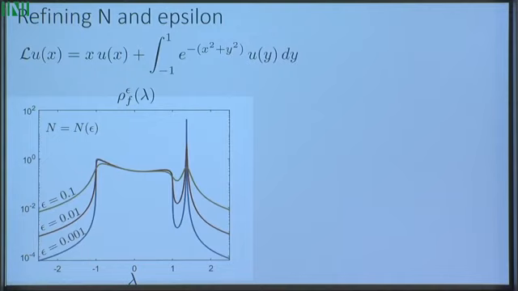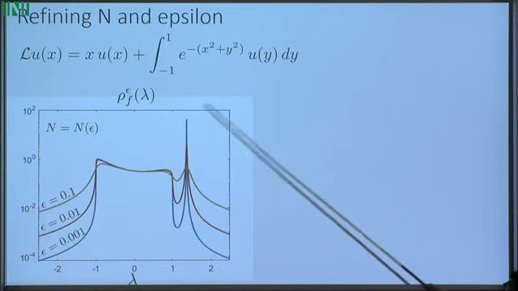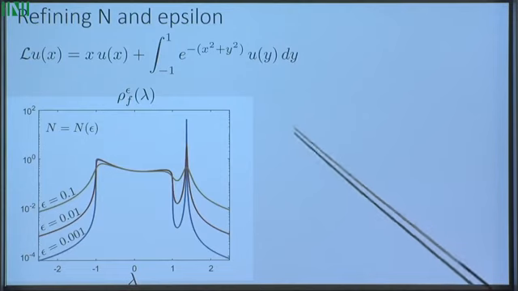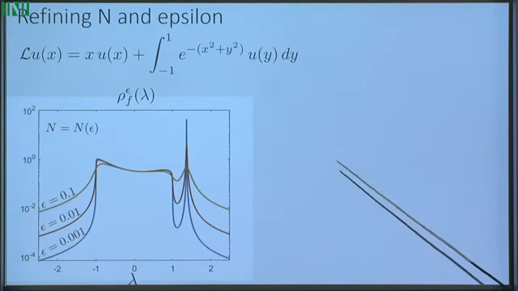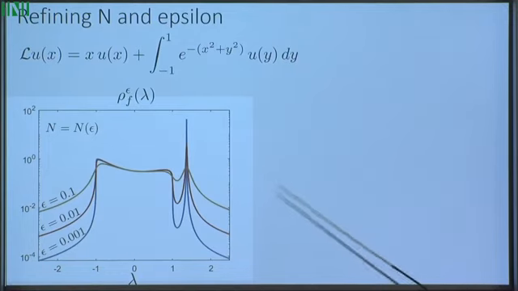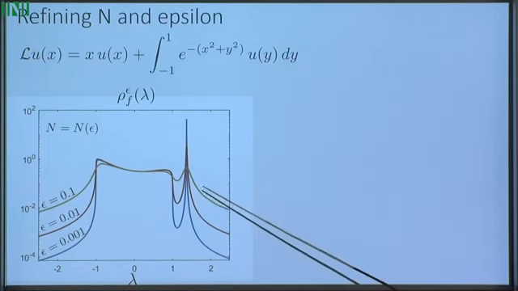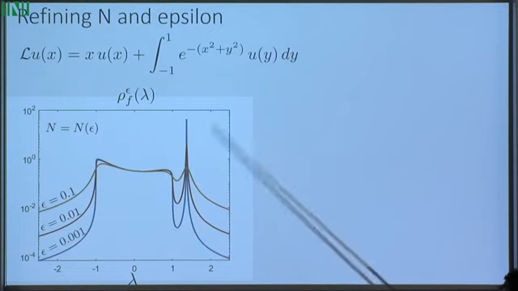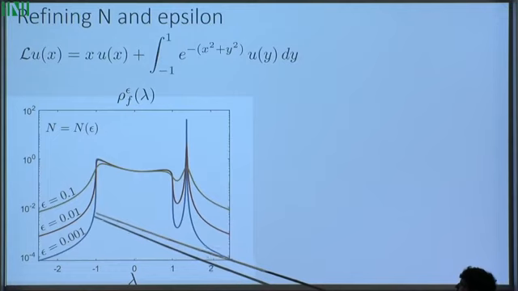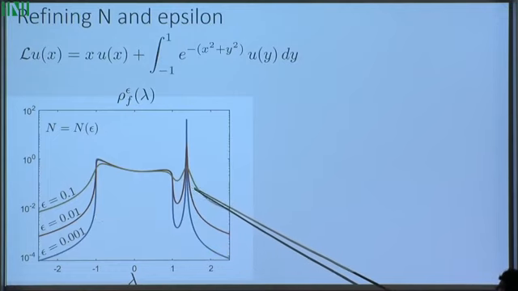Okay. So I showed what happened if we fix epsilon and refine n. Here's another example. This one's an integral operator. Pretty simple, just a multiplicative part, and then a pretty easy kernel to integrate against. We solve these shifted equations with a simple collocation method. If we fix an epsilon and then solve the shifted linear equations adaptively and compute the inner products, these are the measures we get.